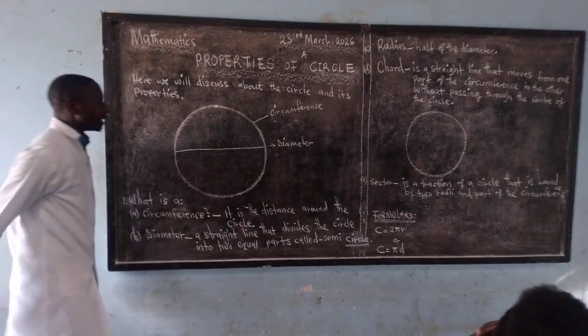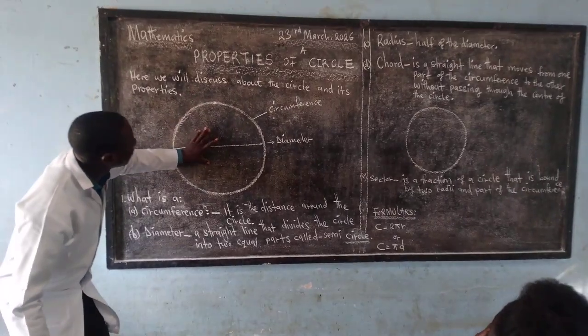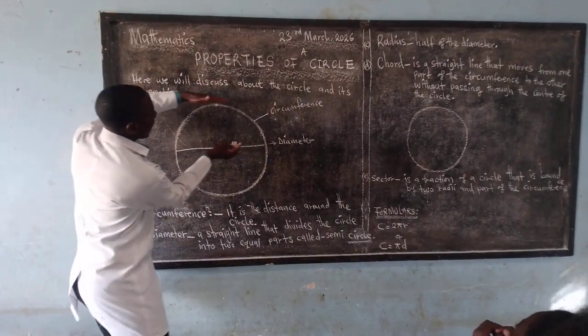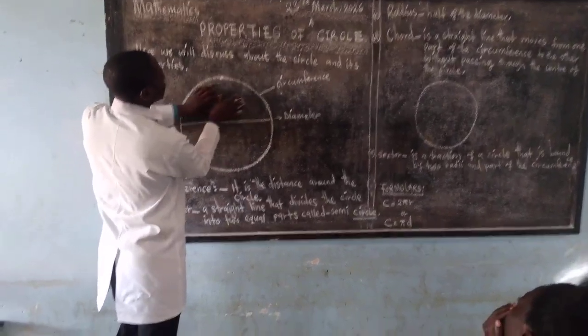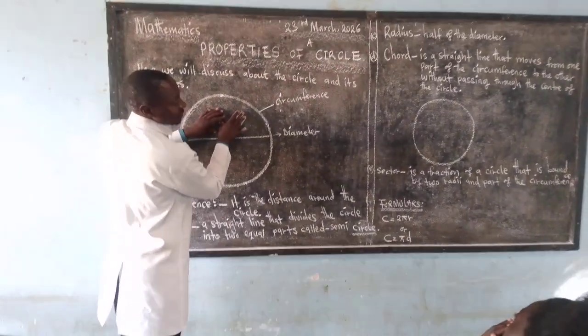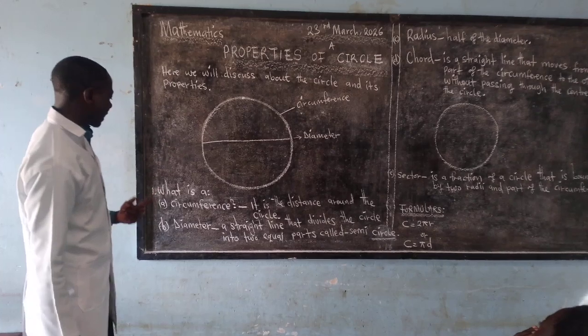Like I said, a diameter is a straight line that divides the circle into two equal parts called semicircles. Half of the circle, the one on top, is called a semicircle. One semicircle, another semicircle. Two semicircles make a circle.